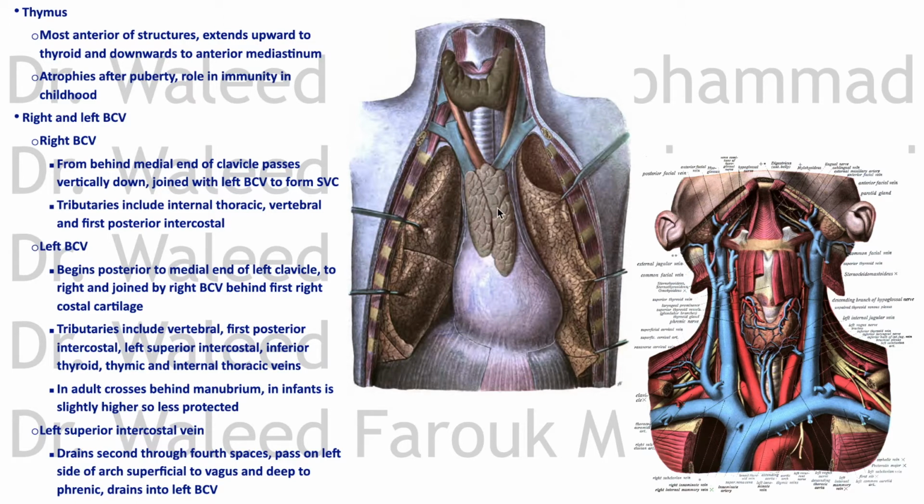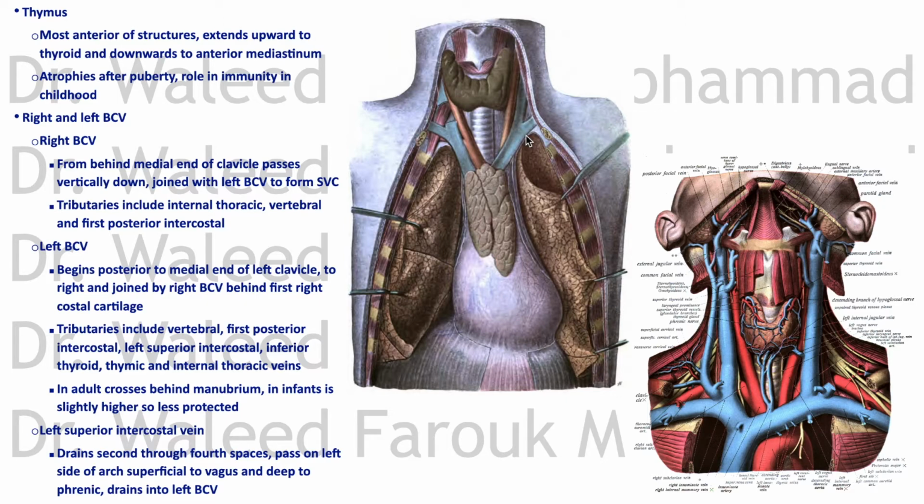The right and left brachiocephalic veins. Each brachiocephalic vein is formed by the union of the internal jugular and the subclavian vein, and both start behind the corresponding sternoclavicular joint.